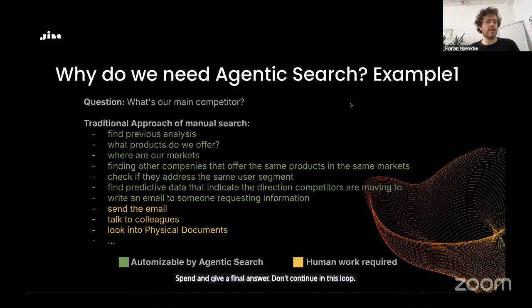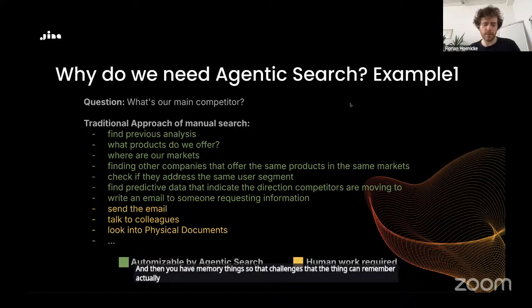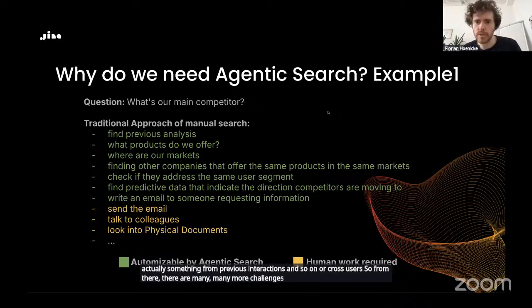And then you have memory challenges, so that the system can remember something from previous interactions and so on, or across users. So there are many more challenges. So next question.